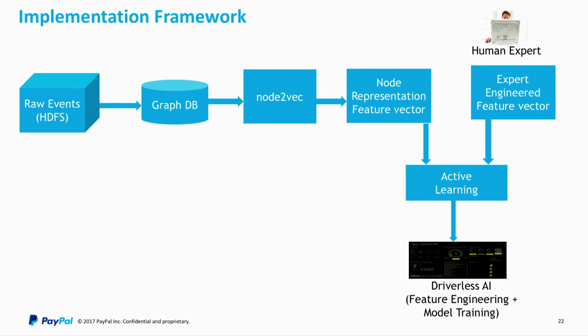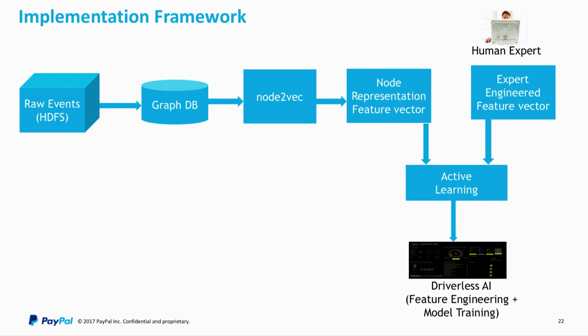So essentially this is giving you a high level implementation architecture. We have all these raw events sitting in our huge Hadoop cluster. We have the Hadoop and Spark ecosystem. One other thing which didn't exist before this work is that most of HDFS is not amenable for doing large graph processing or applying graph-based learning techniques.